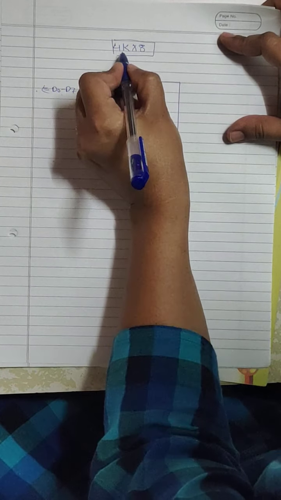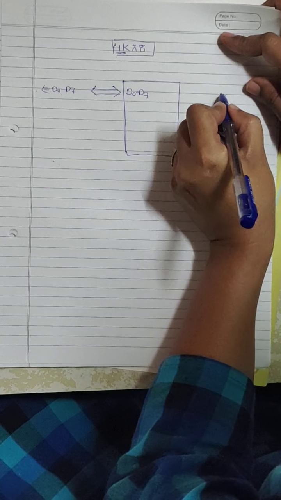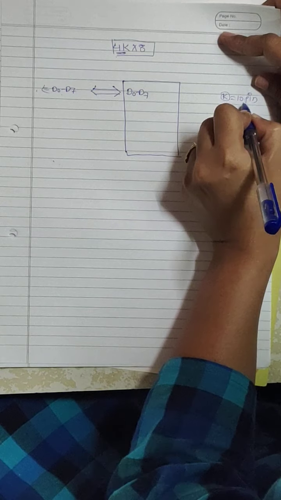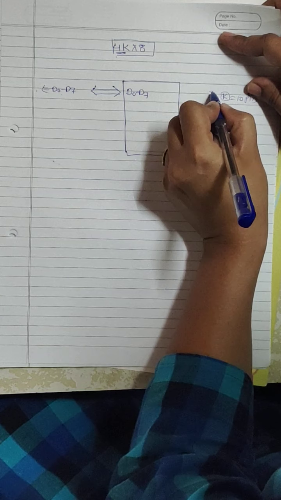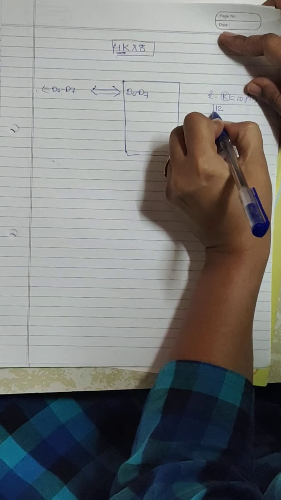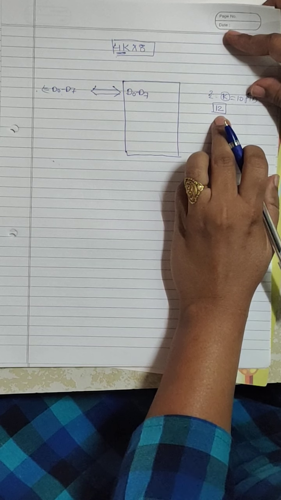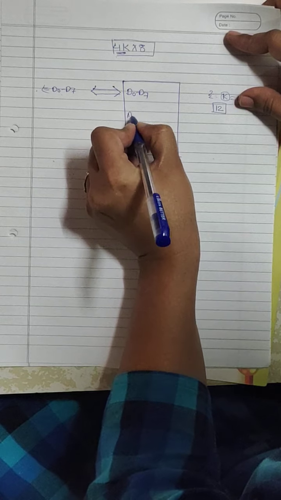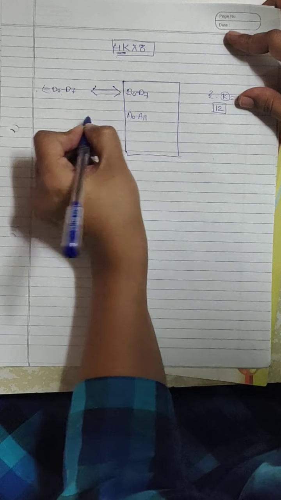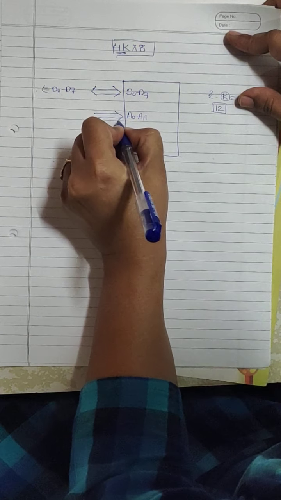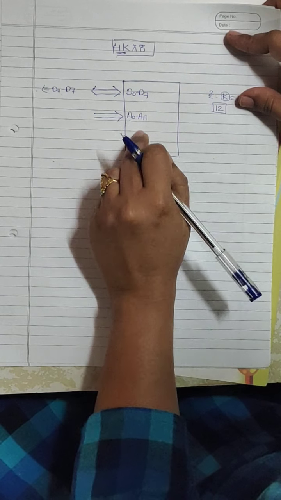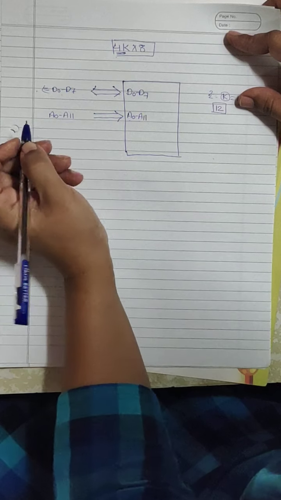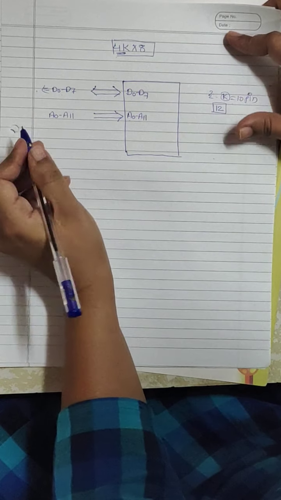After that, 4K: K requires 10 address pins, and 4 means 2 raised to power 2 is 4, so it must have 12 address pins, A0 to A11. These must be connected to A0 to A11 pins of the microcontroller.